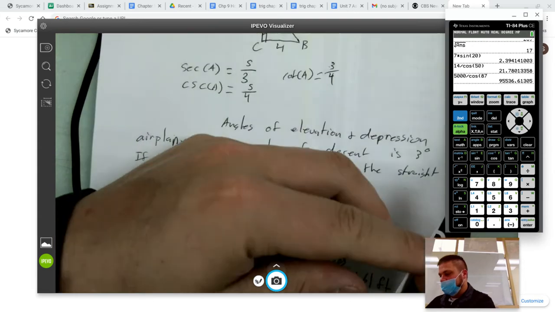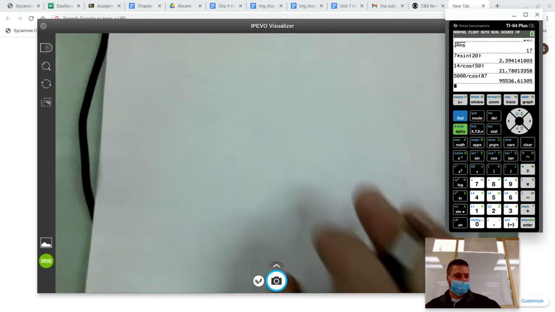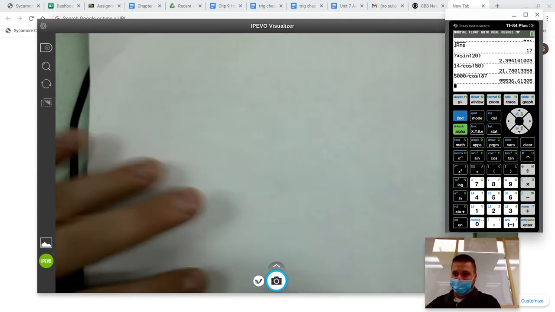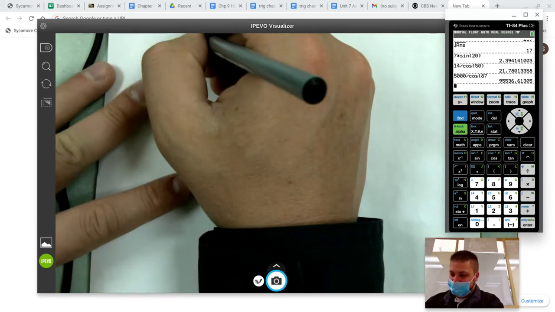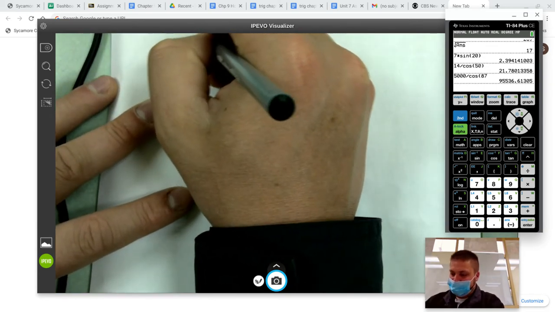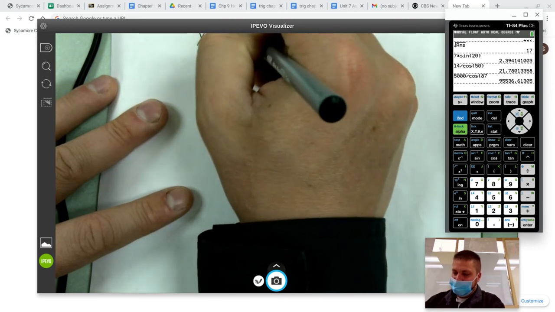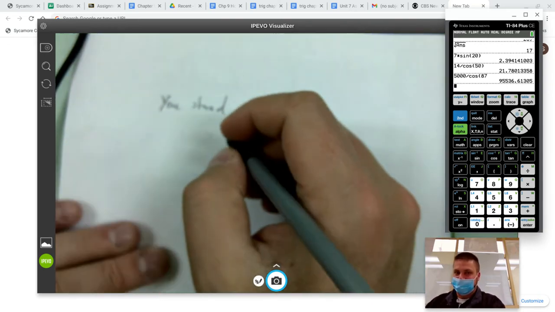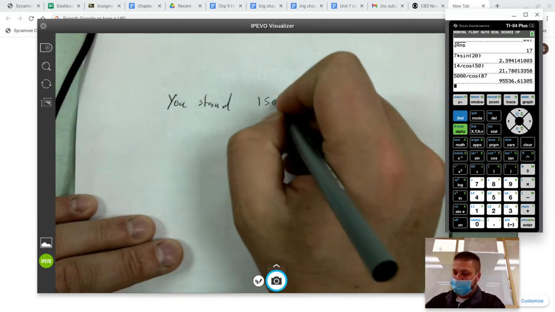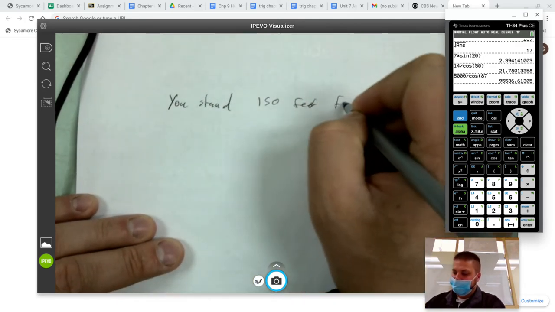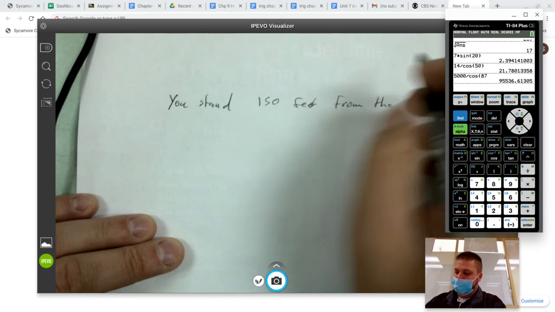Now, let's make an angle of elevation problem. We'll paraphrase a problem here. You stand 150 feet from the base of the school.